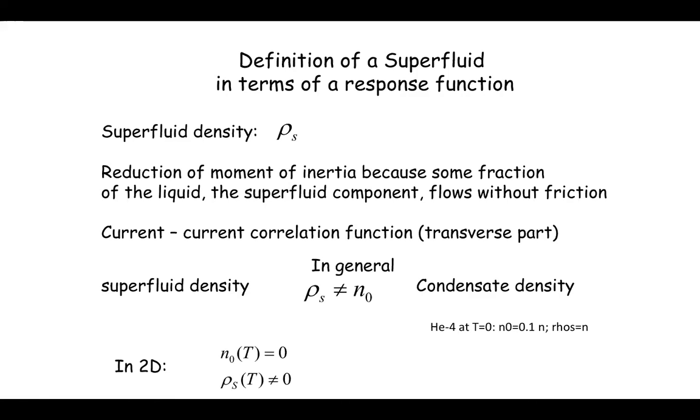That's what interactions do. K equal to 0 is not a good quantum number once you turn on interactions. So they scatter out of that k equal to 0 state. So the condensate fraction has been measured by neutron scattering experiments in helium-4 and found to be only a tenth of the total density.